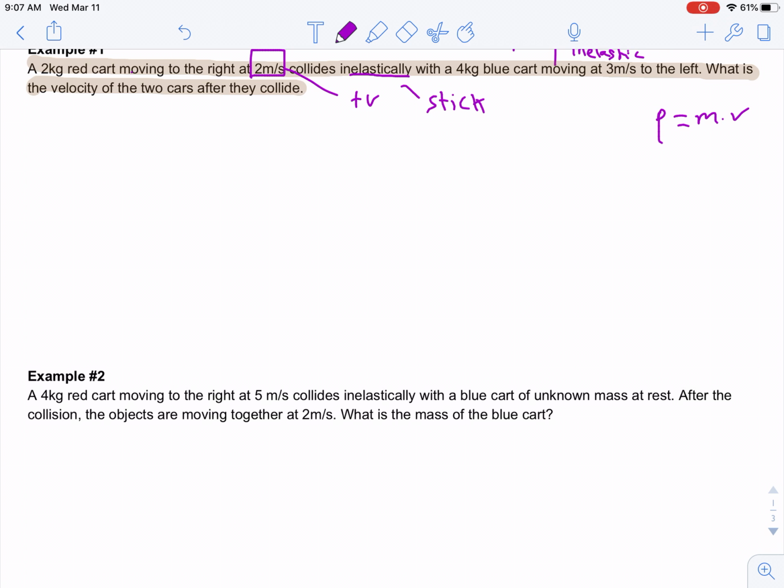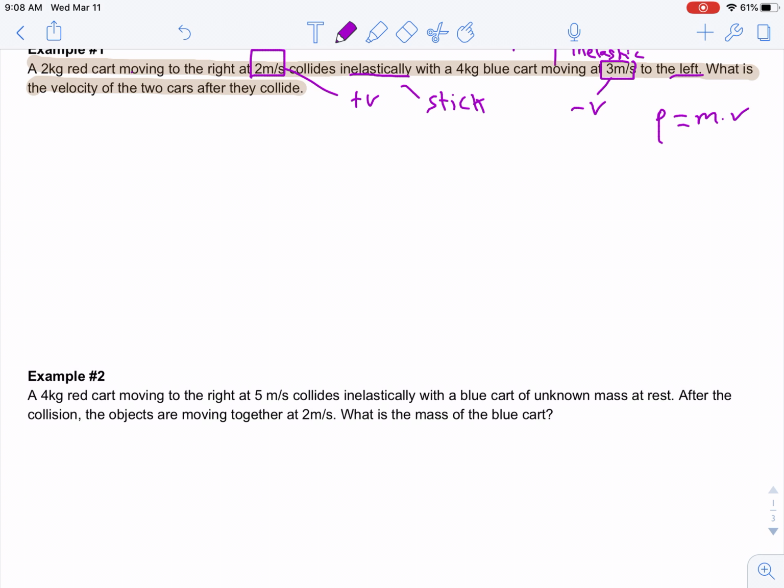It says the blue car is moving at 3 meters per second to the left, which means that this velocity is a negative velocity. Okay? So what is the velocity of the two cars after they collide?